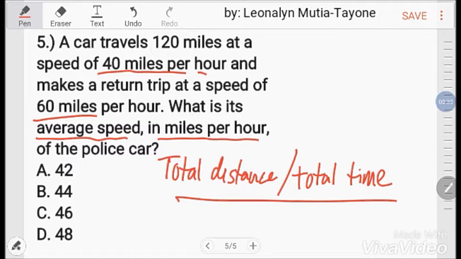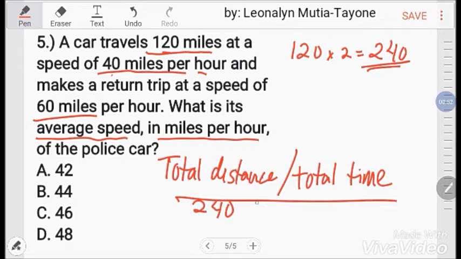Yan yung average. Una, kunin natin yung total distance niya. 120 miles, isang way yun. So, times 2 natin yan, and that is 240. So, mayroon na tayong distance na 240.